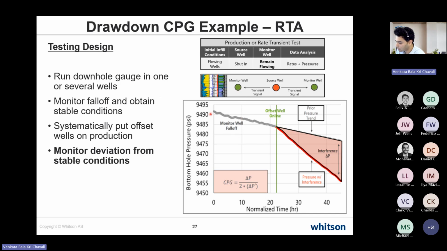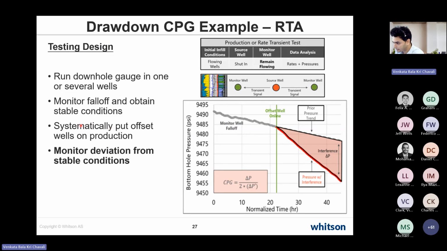So we're talking about this part of the test where my monitoring well has to be in a stable flow condition where I can confidently predict the pressure decline going forward. And then the idea is that the source or the offset wells have to be systematically put on production, right?